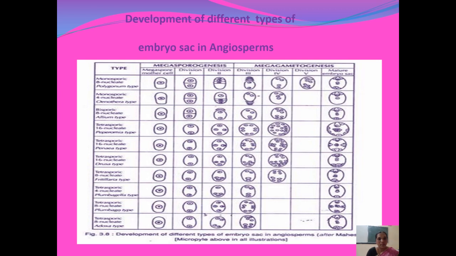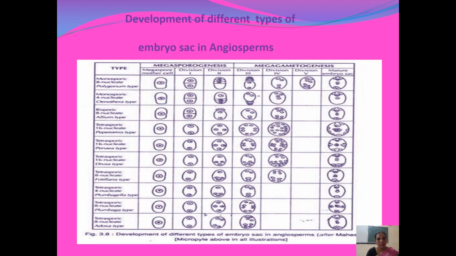In monosporic, the megaspore mother cell divides and gives the tetrad cells. In this tetrad, only one cell actively participates in the formation of the embryo sac. The remaining three degenerate.